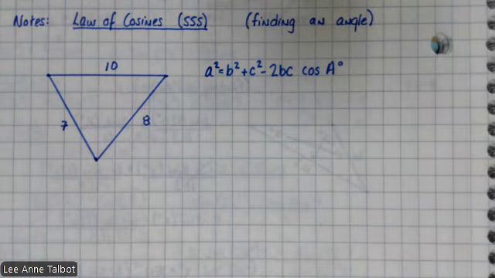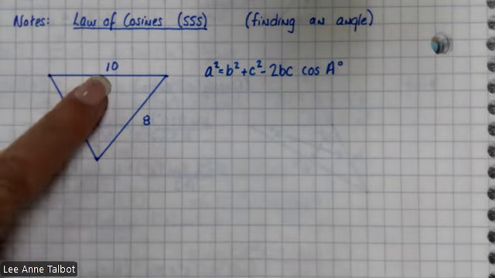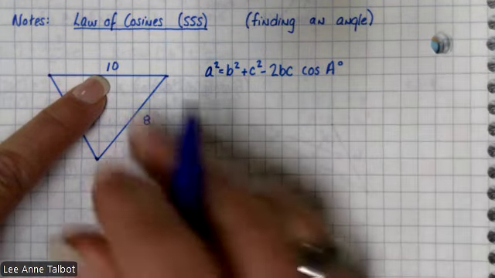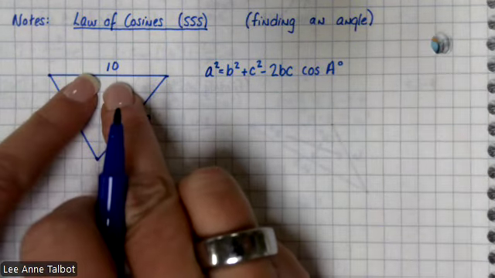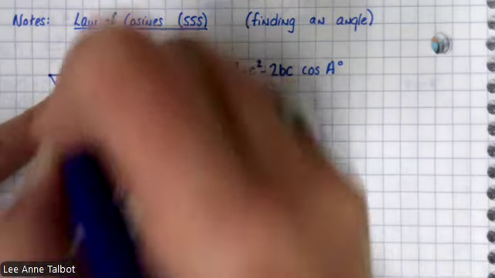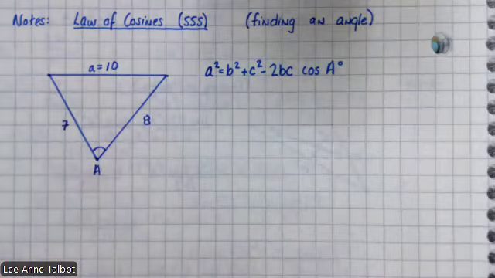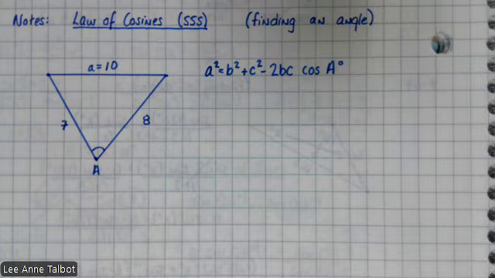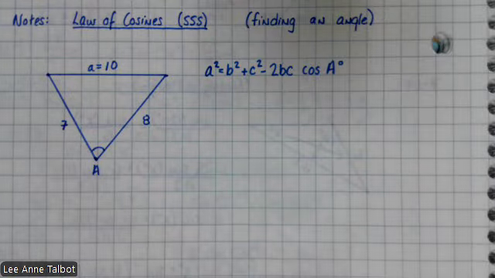It doesn't really matter which side you pick for A, B, and C, but I was taught in college, you guys know I have a math degree, always to pick the bigger side for A. So I'm going to call this angle A and this side A. I know the reason, and you probably won't care. It's because you're gonna have to divide. I'm just helping you out. Pick the longest one.